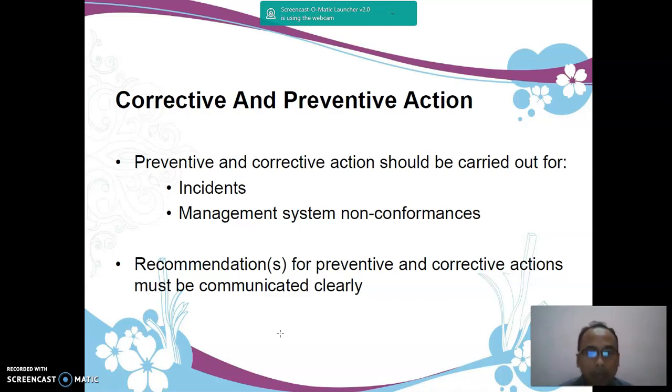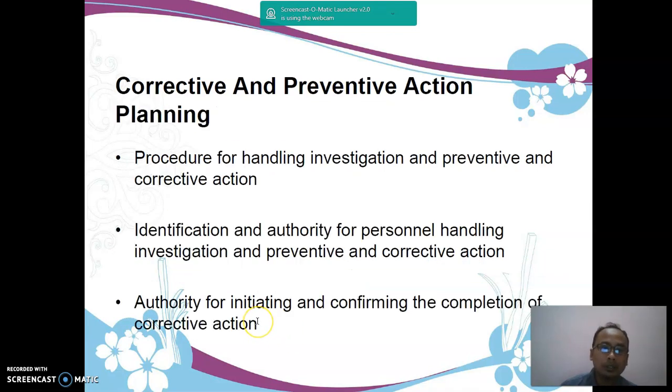You have to tell them clearly what is the recommendation for the preventive and corrective action, so that all the recommendations and preventive and corrective actions can be implemented in the workplace, so that similar incidents can be avoided in the future.